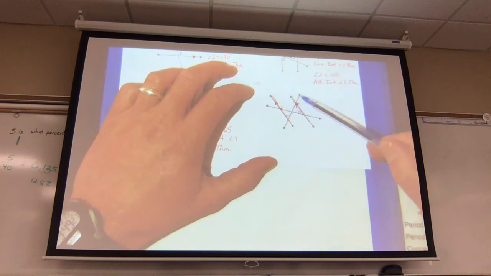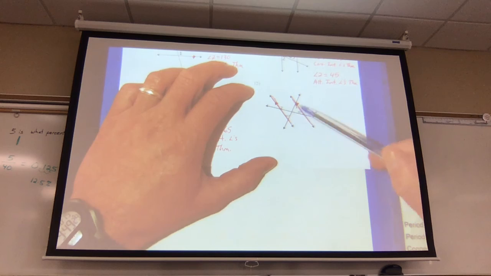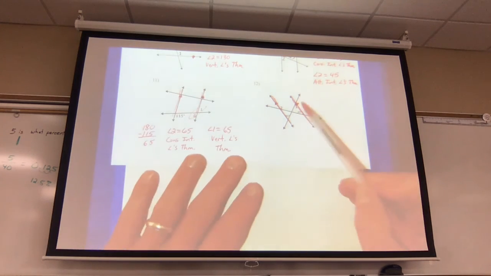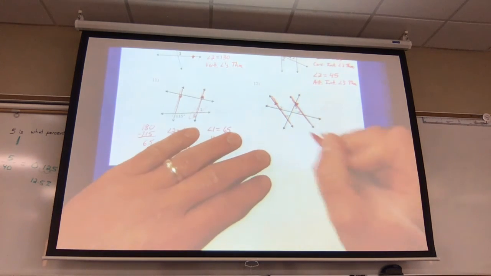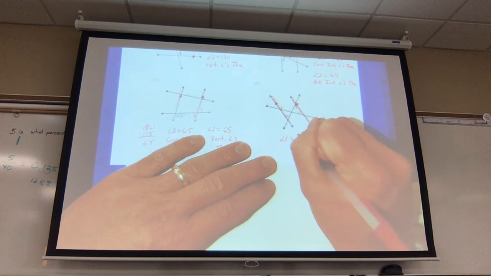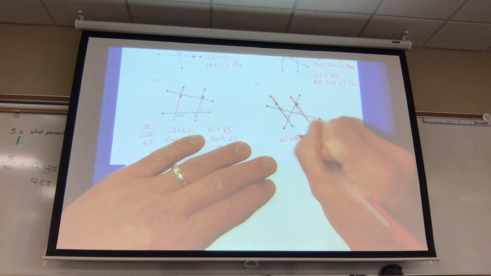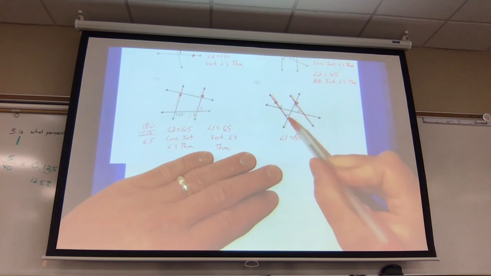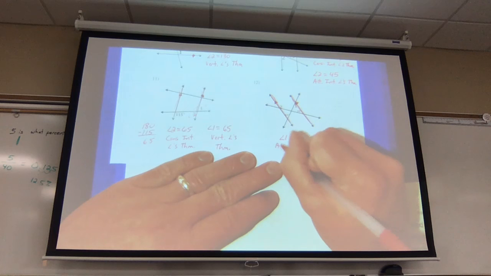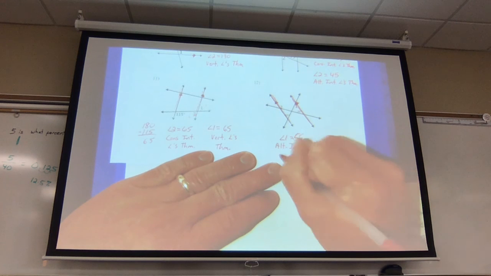There's your parallel line, there's your transversal, makes them alternate interior angles. If your lines are parallel, we know that alternate interior angles are congruent. So angle 1 is going to be 55 there. And we said they're alternate interior angles, so that's the alternate interior angles there.